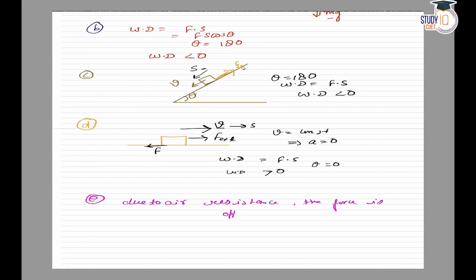The force is opposite to motion. So from this we can say that the angle between force and displacement would be 180. If theta is 180, work done would be less than 0.